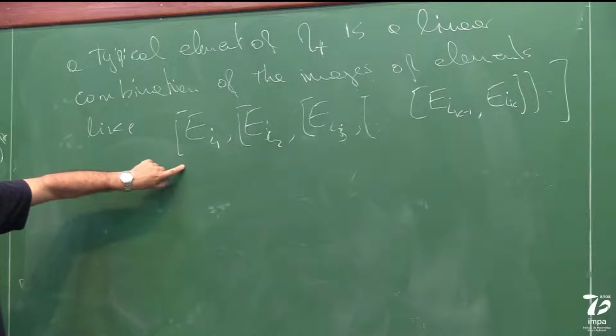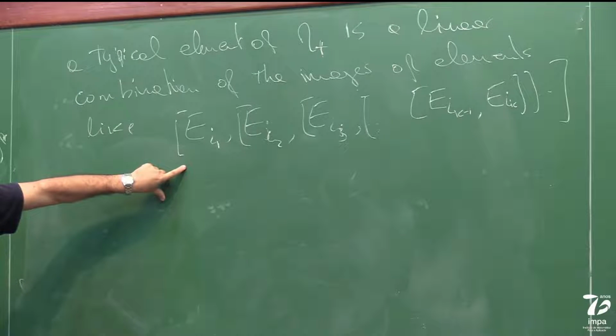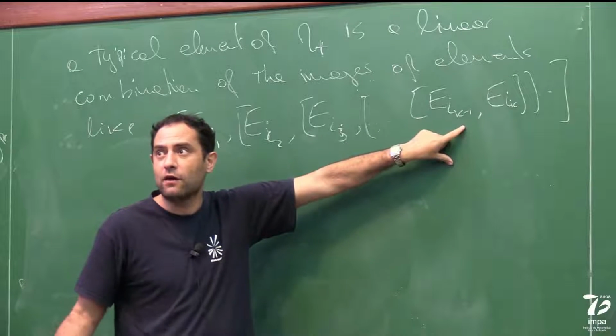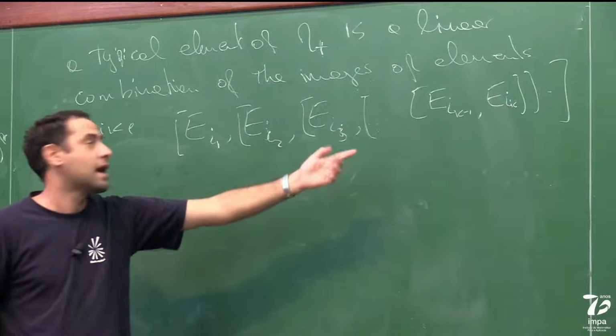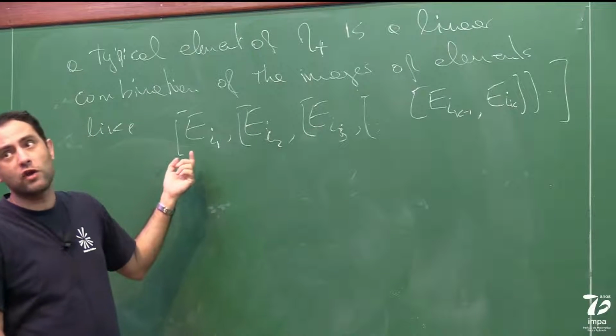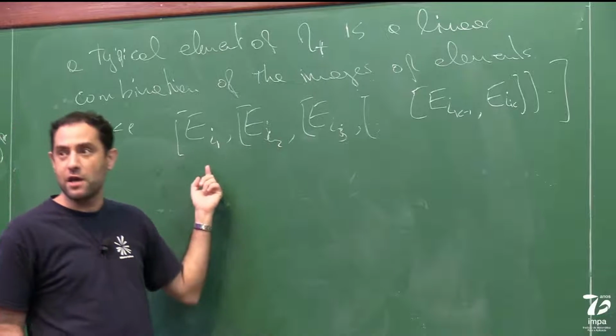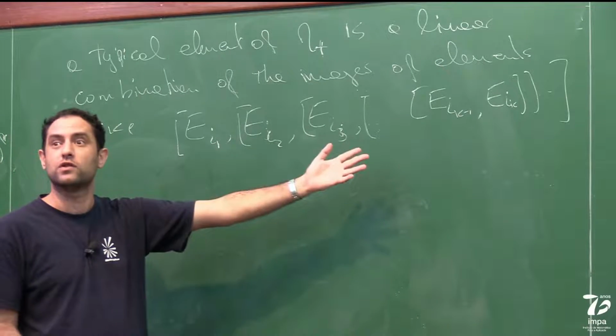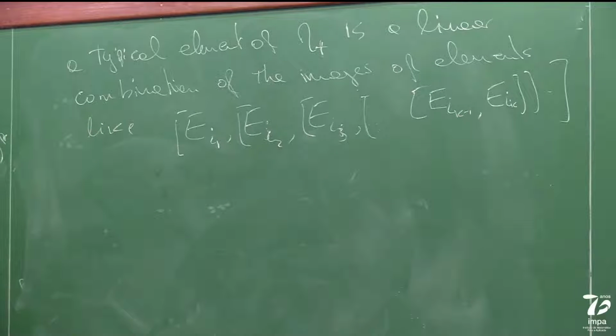It's trivial to check that brackets like this, so once you have the free Lie algebra, then this is an element in that free Lie algebra, because for each one of these e_ia, the eta of that is an element in f of X plus, and then you can just take the brackets like this. Then what is not so trivial is to prove that every element is going to be a linear combination like this, but then again, from the Jacobi condition and skew symmetry, it's easy to check that you can just put all the brackets towards one side.